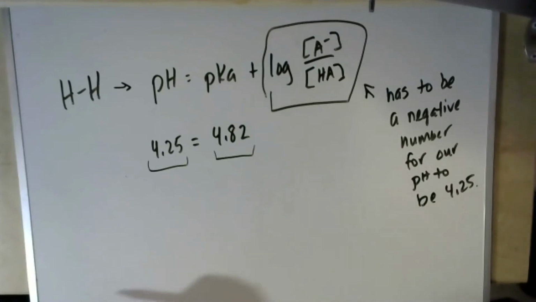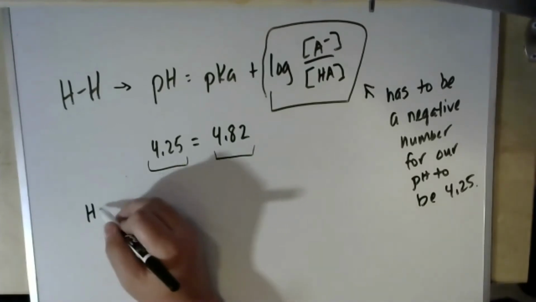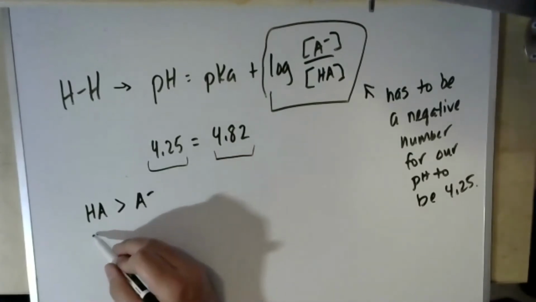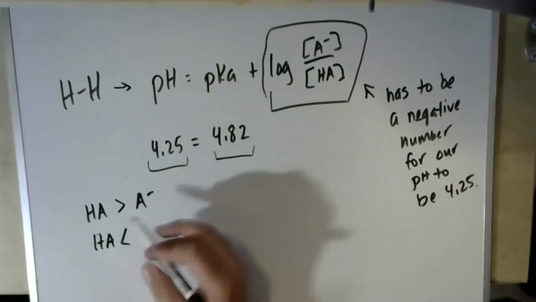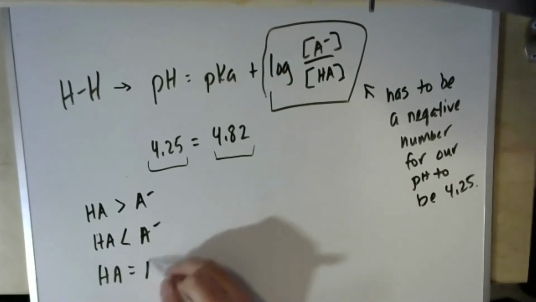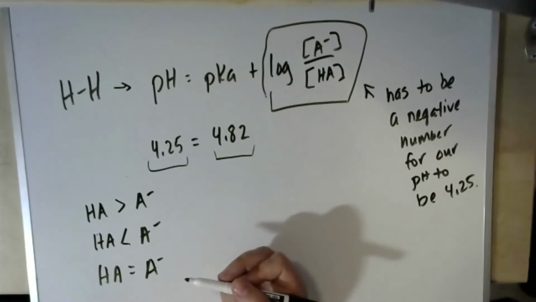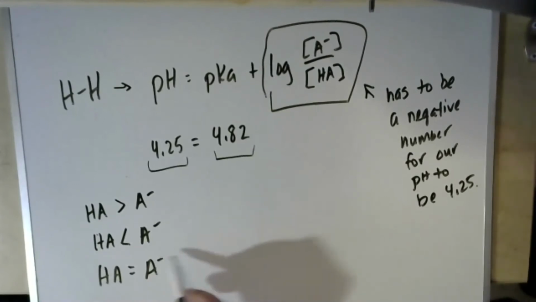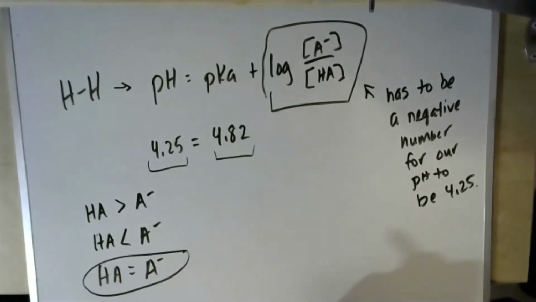They're giving you three options here. HA is greater than A minus, HA is less than A minus, or HA is equal to A minus. Right away, the one of these that you should be able to get rid of immediately is the last one.